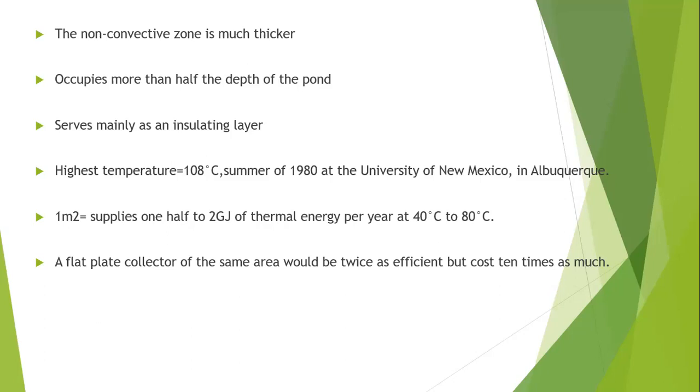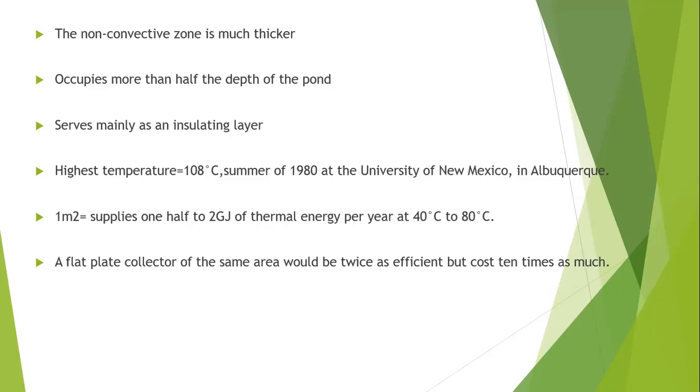Though we do this, some heat is lost by conduction to the surface, but this process is much weaker than the convection process. So the lower waters may even warm up to and above the boiling point of pure water.